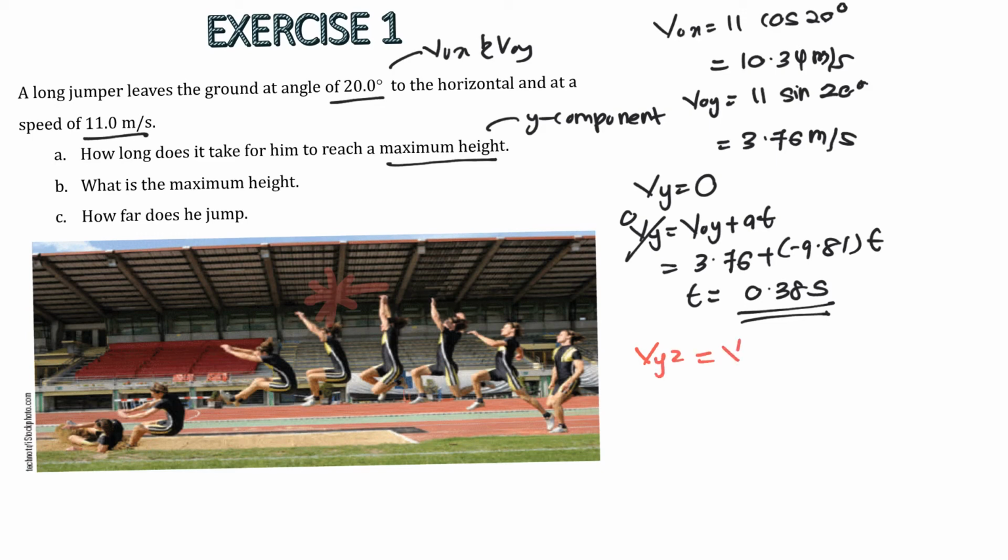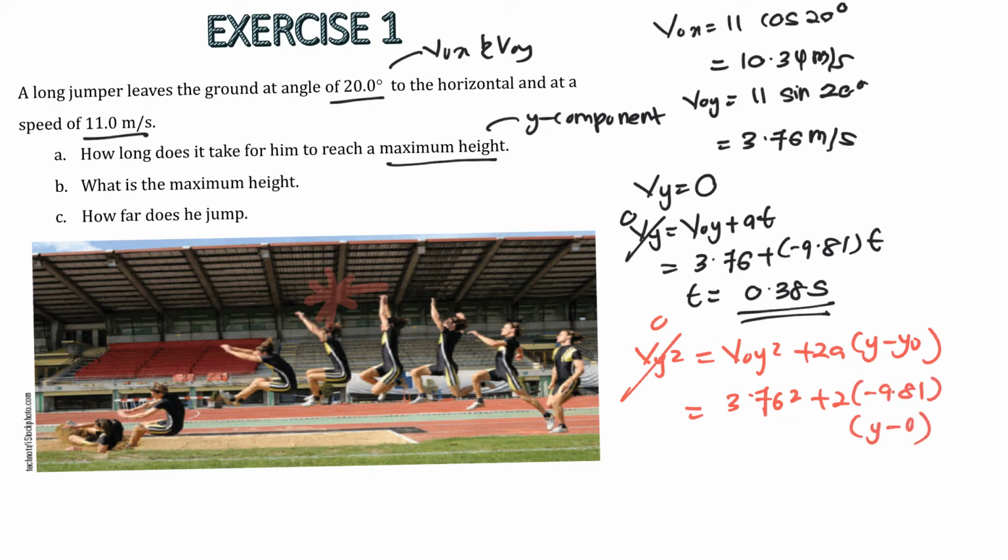Vy square equals V naught y square plus 2a(y minus y naught), because I know that at the maximum height the velocity in the y component will be 0. So this is 3.76 square plus 2 times negative 9.81 times (y minus 0). I assume that my y initially is going to be 0.